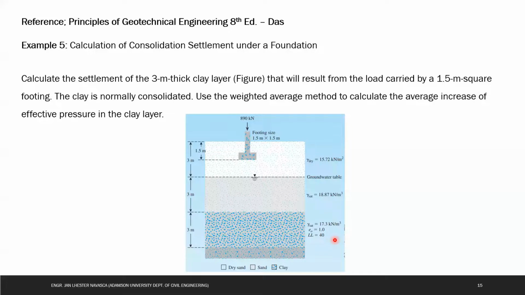So let's recall the method to calculate the average increase in pressure.